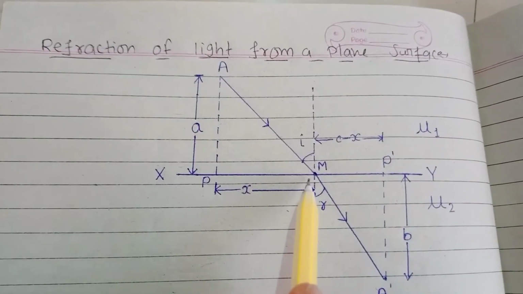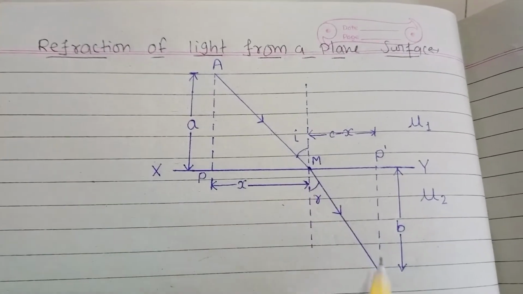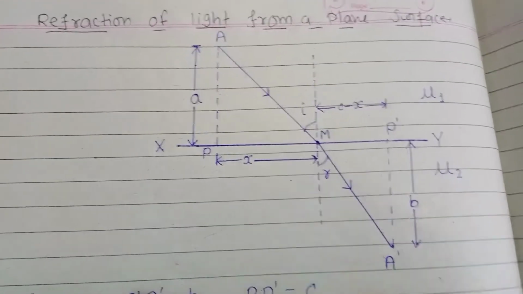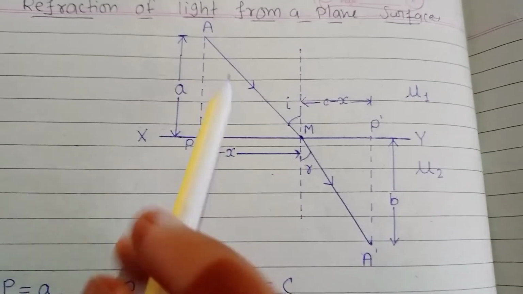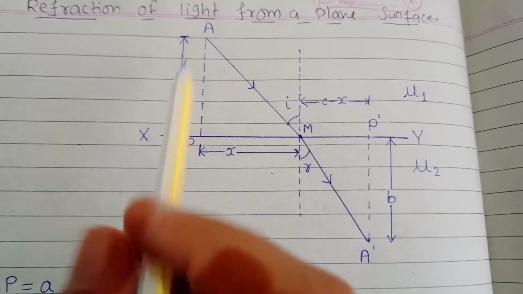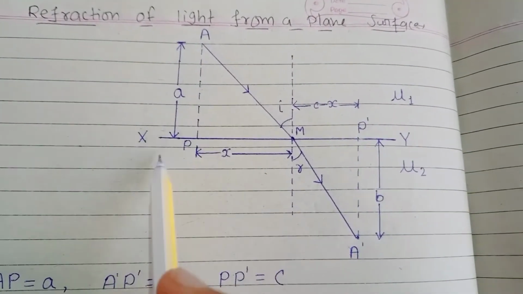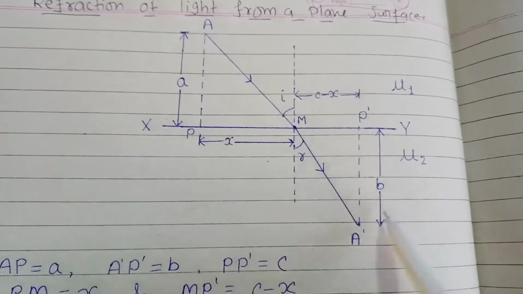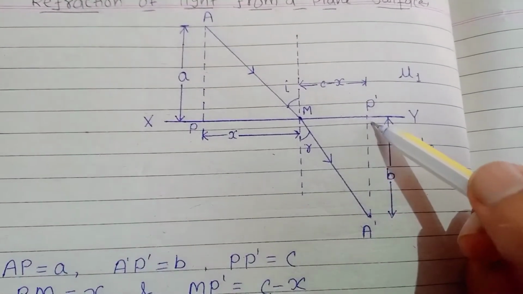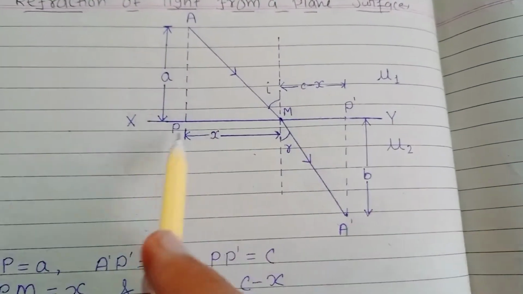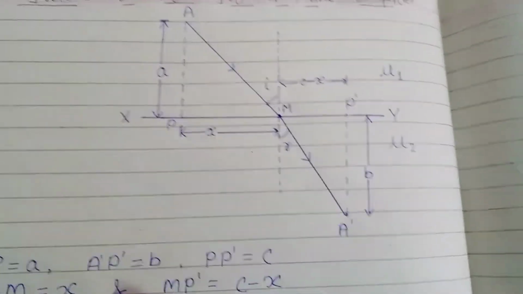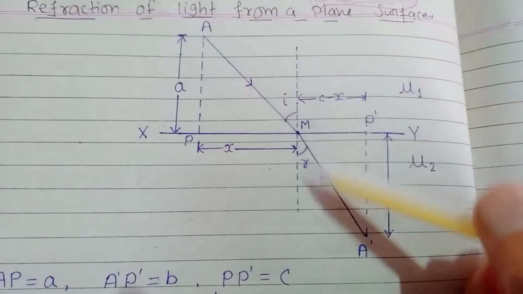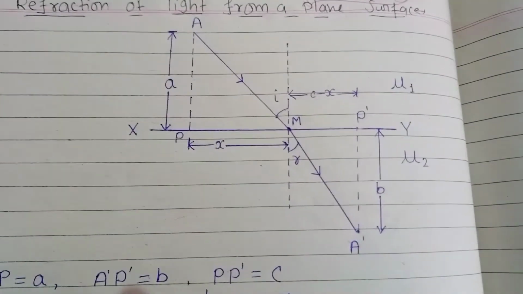The light is incident on the point M, and after refraction it moves to the point A dash. So the path of light is AMA dash. We have dropped the perpendicular AP on this surface, and from point A dash to P dash on the same plane XY. Here this dotted line shows the normal.